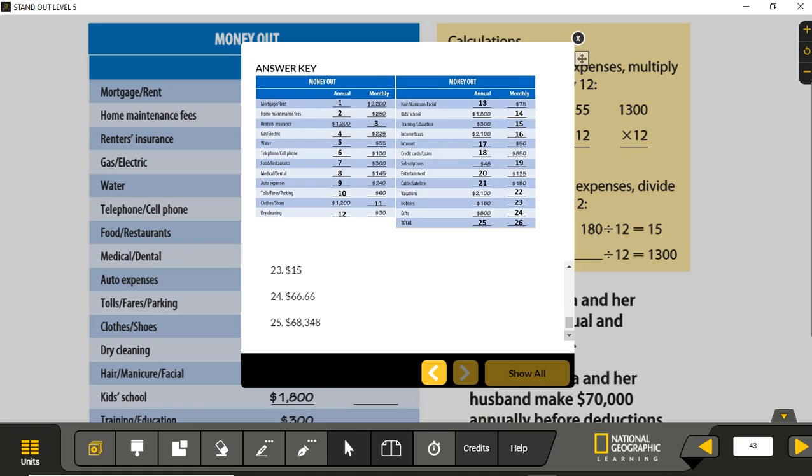And for the big one, number 25, they spend $68,348 a year on expenses. They spend $5,695.66 a month. That's what they spend on all their stuff.